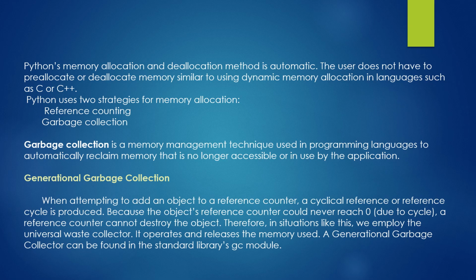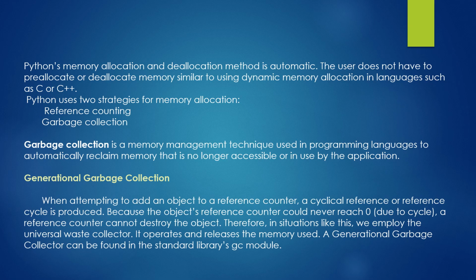Garbage collection is a memory management technique used in programming languages to automatically reclaim memory that is no longer accessible or in use by the application. Now let's see about generational garbage collection. When attempting to add an object to a reference counter, a cyclic reference or a reference cycle is produced.